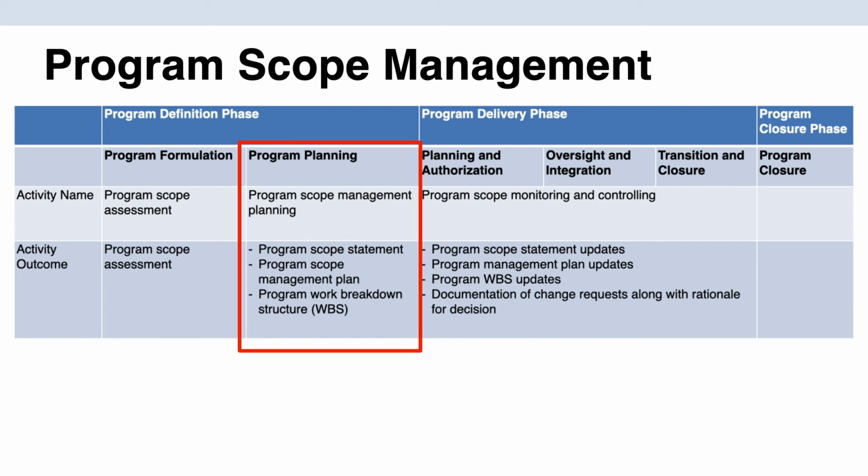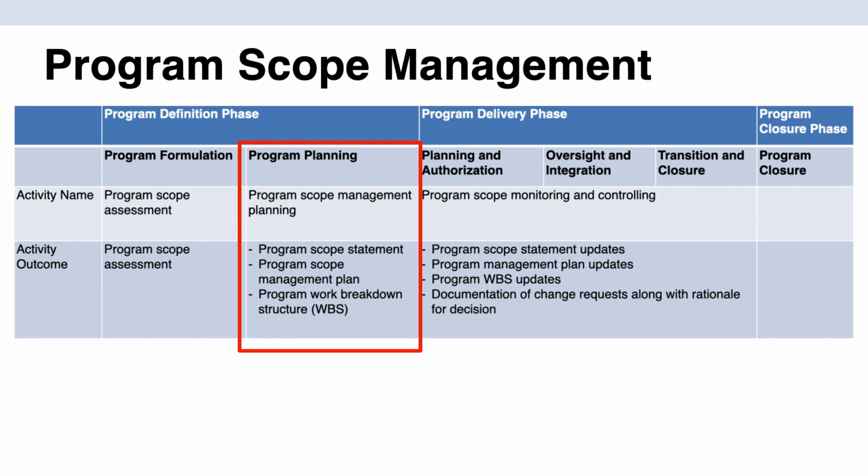Now let us move on to the program planning subphase. And during this subphase, the program scope management planning activity will happen. And this will create three major documents: the program scope statement, the program scope management plan, as well as the program work breakdown structure.